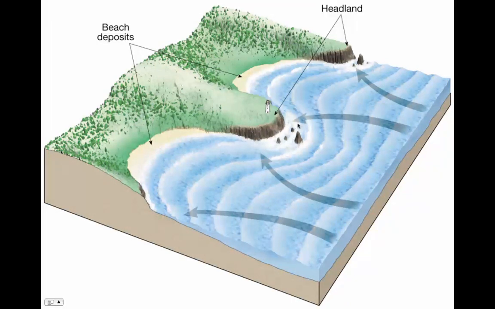At our headlands, that's why we don't see any sandy beaches there, because the energy is just way too great. If you go out to the beach and look out at the headland, you can see the waves are constantly crashing into it and beating it up. So that is part of how wave refraction will basically dictate where the sand goes.